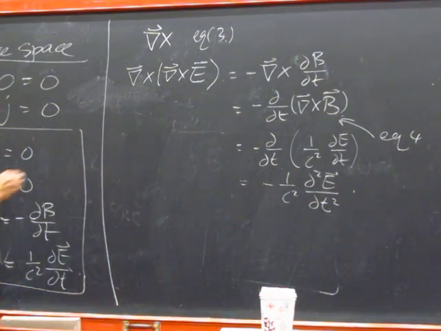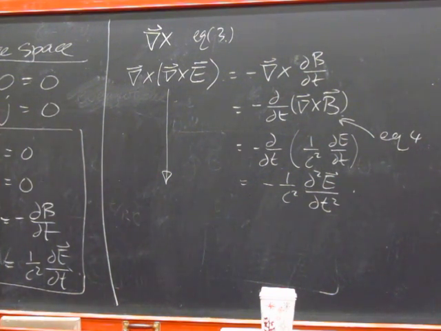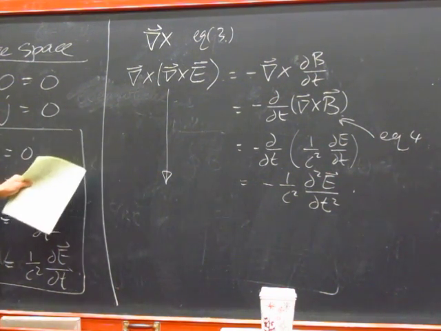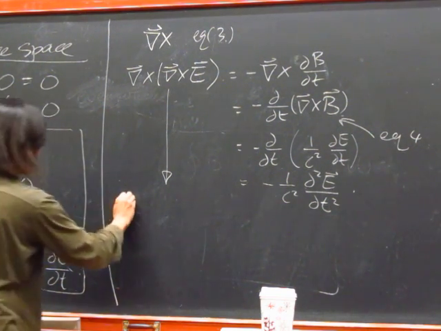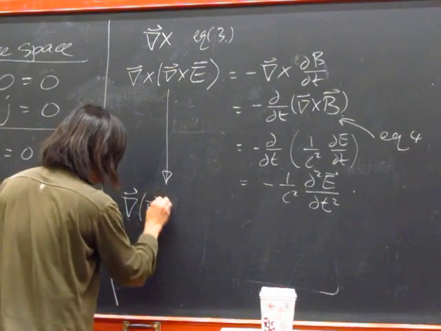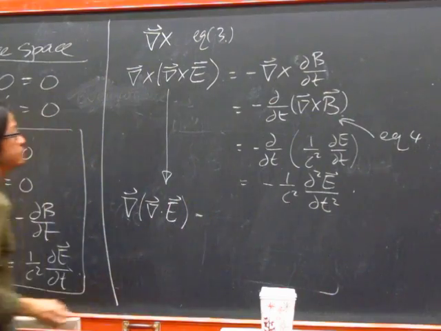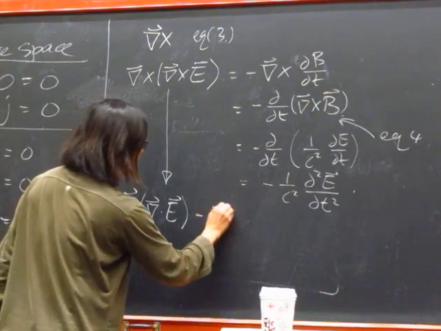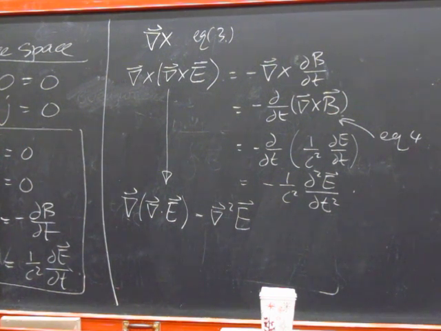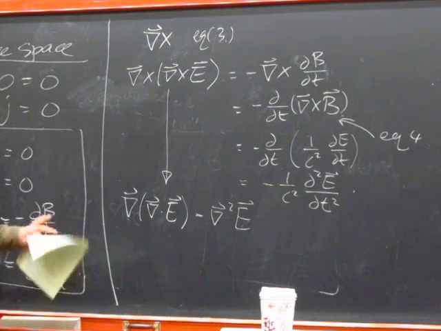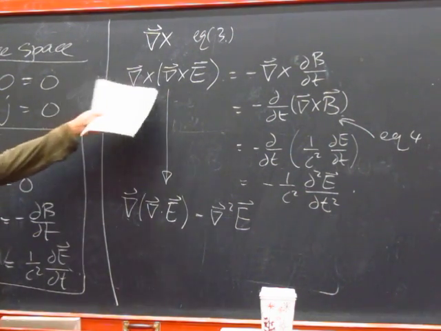How about the left-hand side? The left-hand side is, take my word for it, or you probably learned this from math before, curl of curl is a gradient of divergence of E minus the Laplacian of E. Take my word for it, or go home and do it, it shouldn't be that difficult.